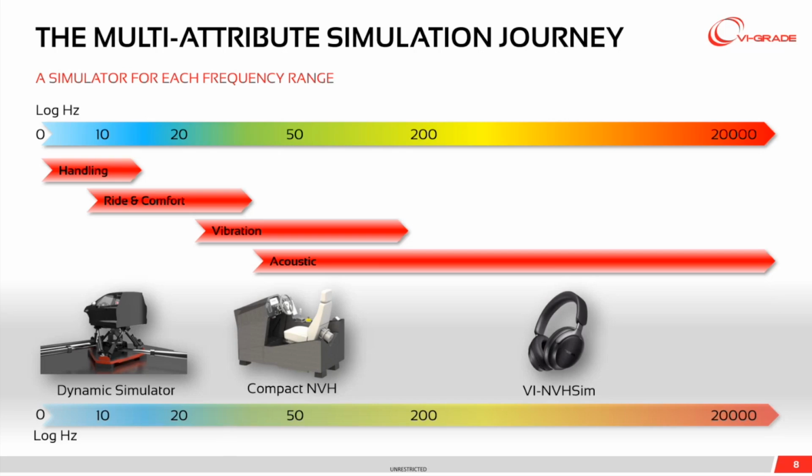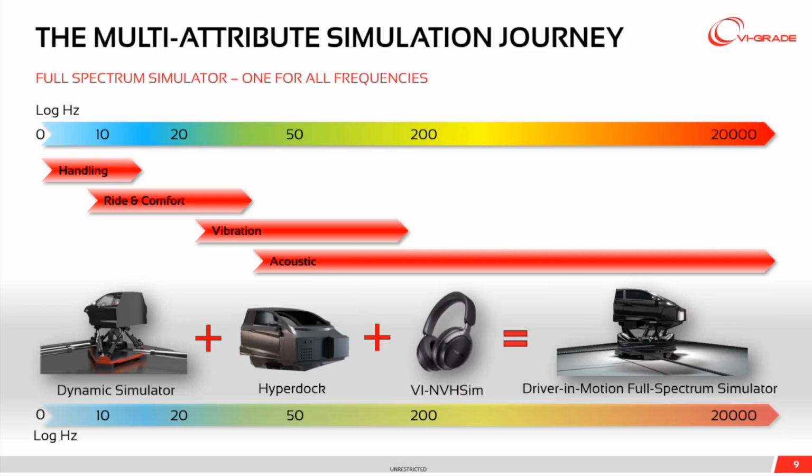We have our compact NVH that allows our customers to evaluate vibration, the NVH, of course, up until 200 Hertz. And on the same simulator, the VI NVH simulator, with calibrated headphones or an audio system, you could evaluate the acoustics. Now, what we wanted to do was to bring all of these under one single tool.